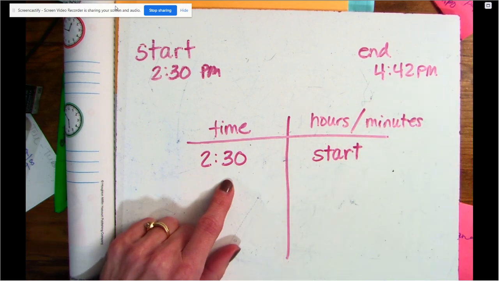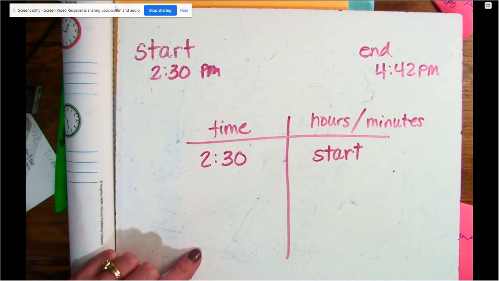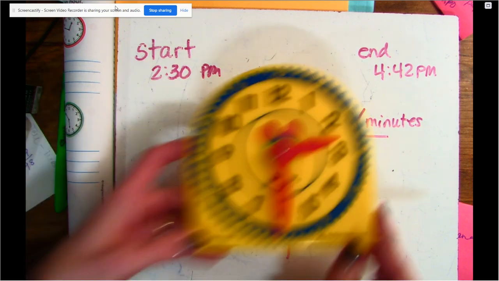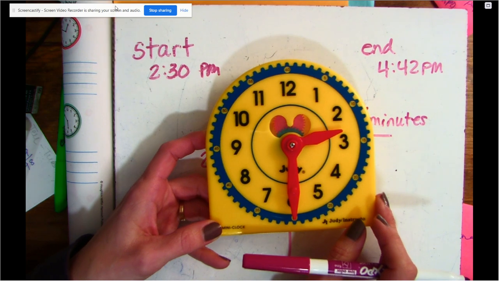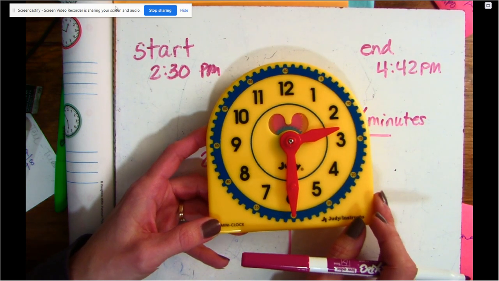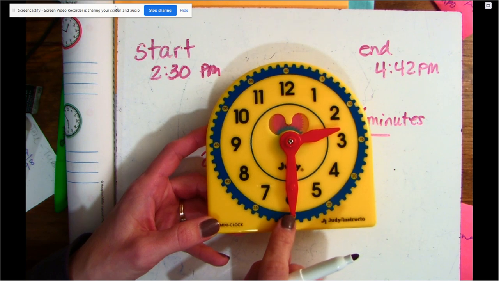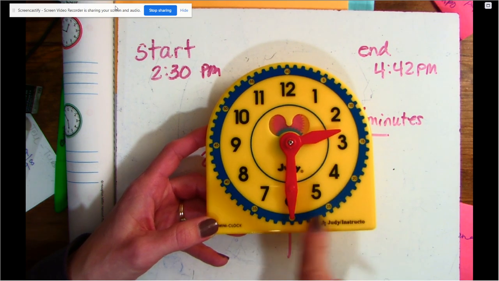Okay, now on a T-chart, I want to be thinking in increments of time. So if it's 2:30, it's a lot easier to do hours than it is minutes. So how long would I have to go to get to the next hour? It's already 2:30. What comes after 2 o'clock?